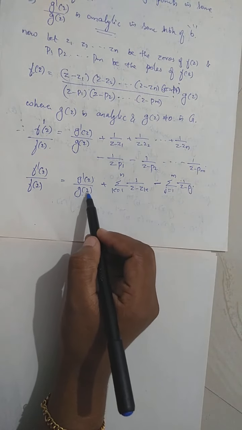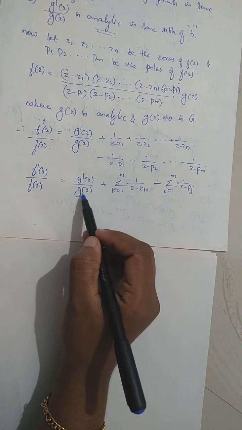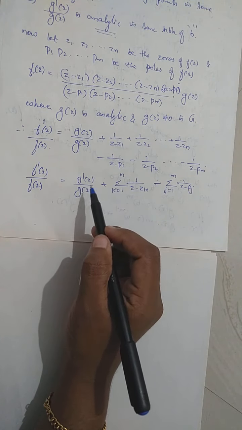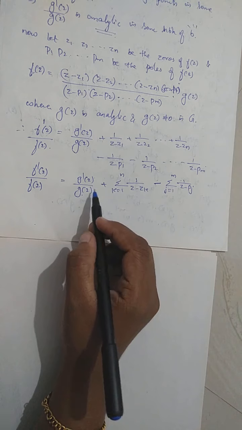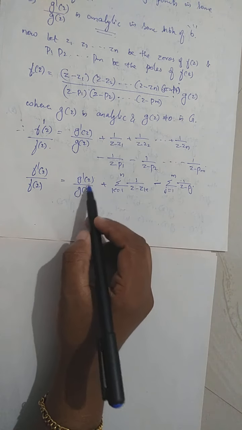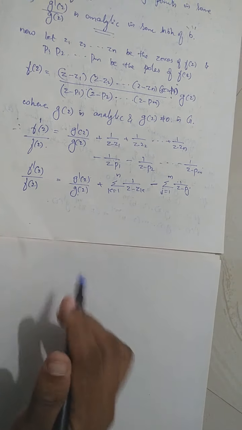We know Gz is non-zero, and by continuity Gz will be non-zero in a neighborhood of Z. Then G dash Z by Gz will be an analytic function, right?